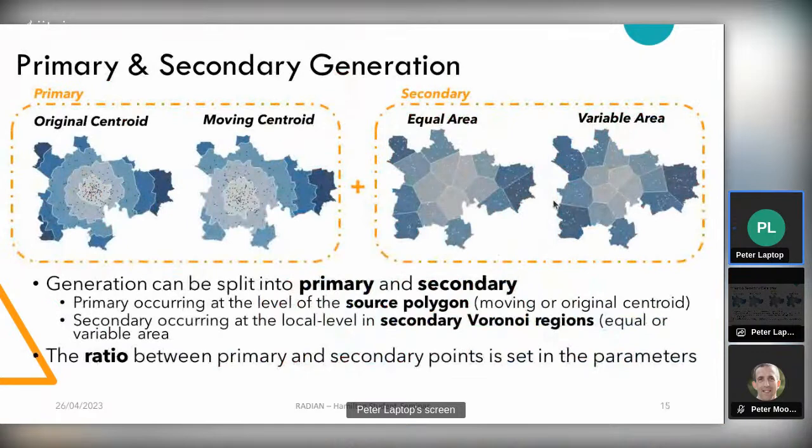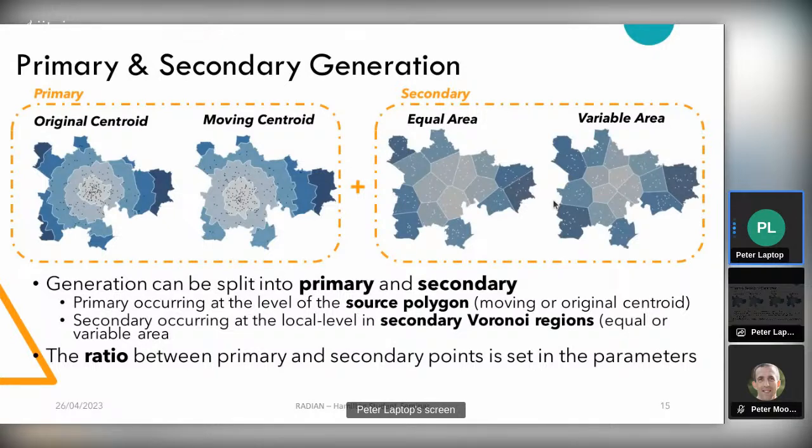And another step for Radian is this idea of primary and secondary generation. So when I say primary generation, it's at the macro scale, so at the scale of the whole input polygon. And then secondary is at this more localized borough or ward level.